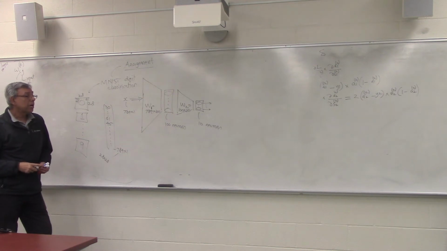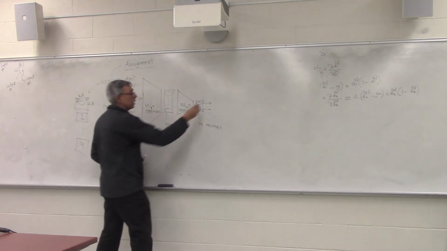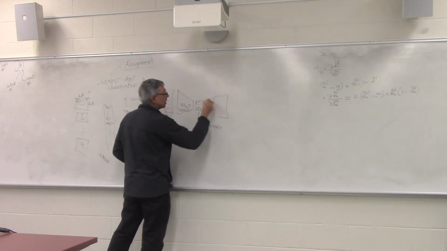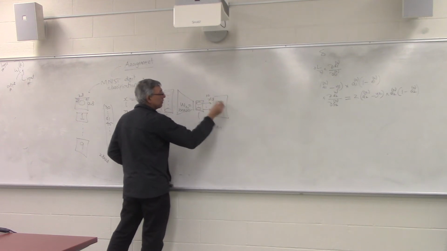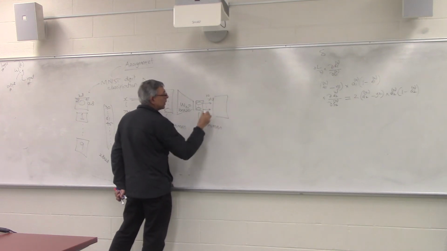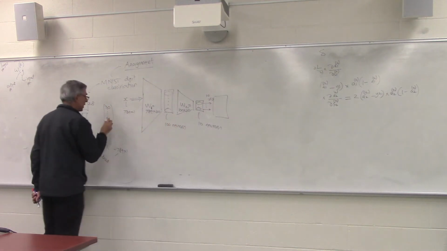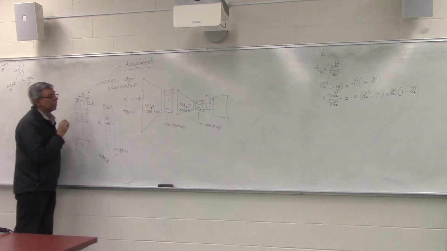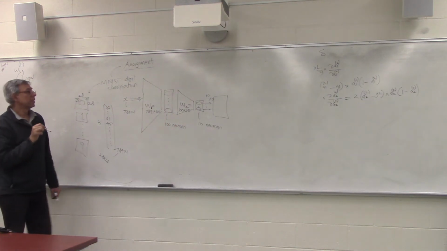Now as we describe the loss, there are 10 outputs. For example, let's say we feed in digit 3.